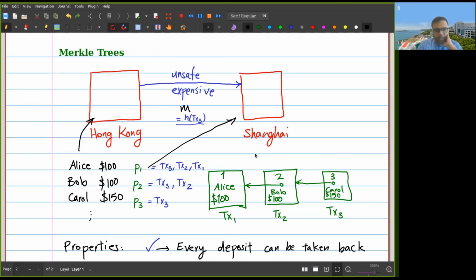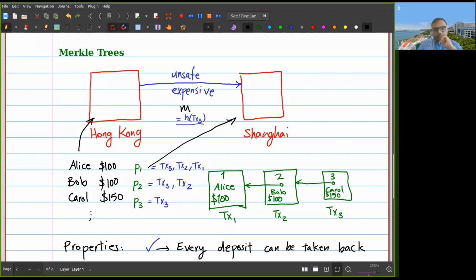And the other thing is, this is not giving much privacy here, if you think about it, because in order to prove her own deposit, Alice has to show 3 transactions. But if she shows these 3 transactions, this means that she, of course, had access to these 3 transactions. They were part of the proof that was given to her by the Hong Kong branch. But that's not great, because this is Carol's transaction and this is Bob's transaction.